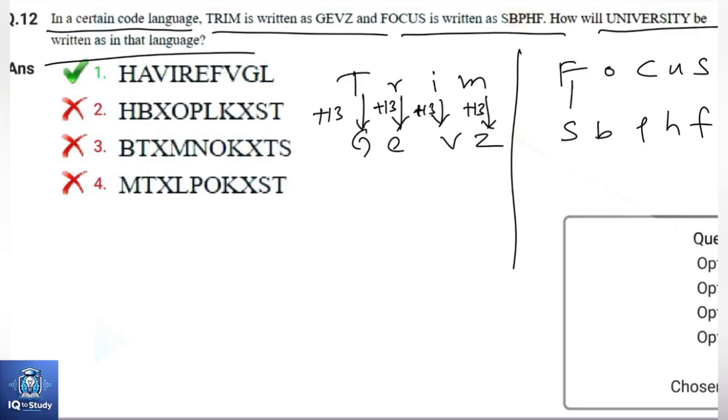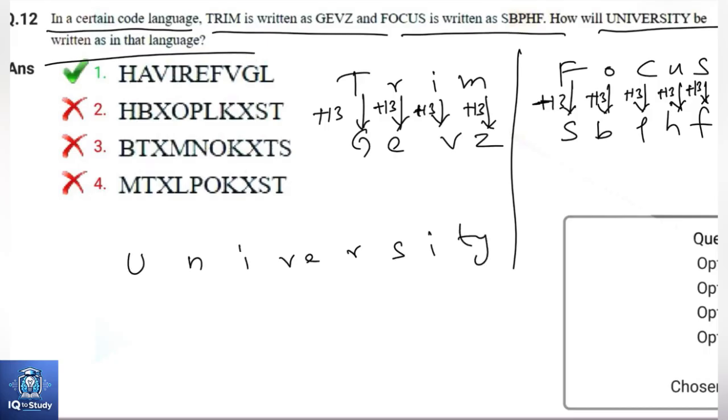Similarly here F plus 13 is S and O plus 13 is B, C plus 13 is P, and U plus 13 is H, and S plus 13 is F. In the same way, university can be written as U plus 13, N plus 13.